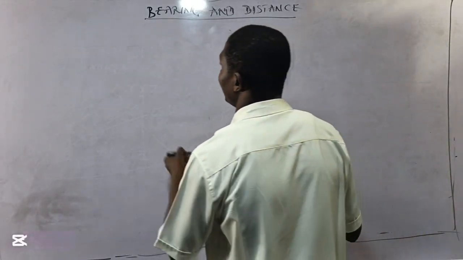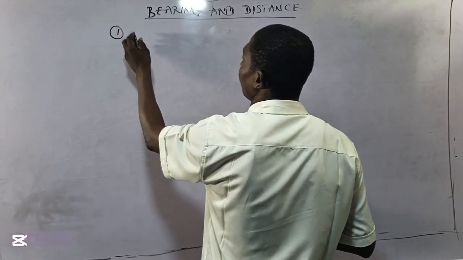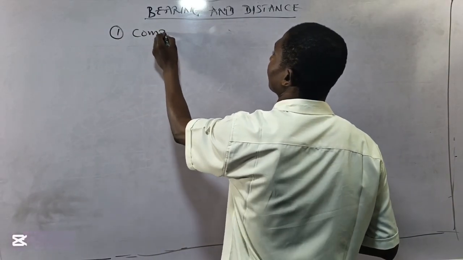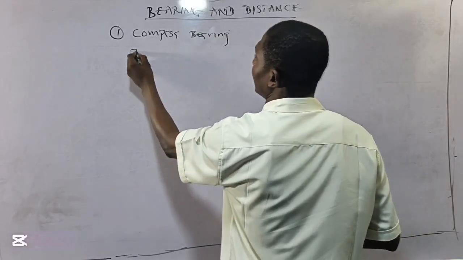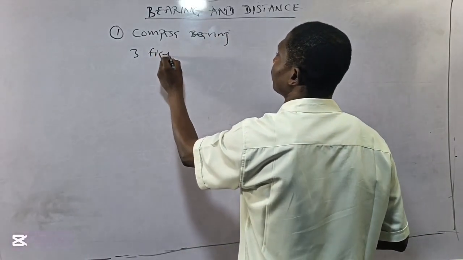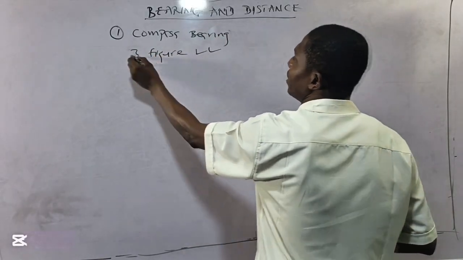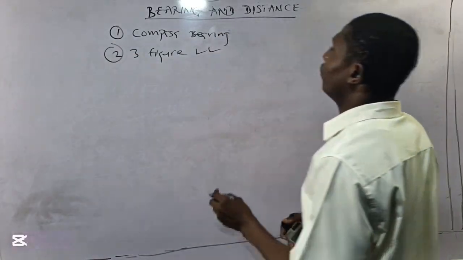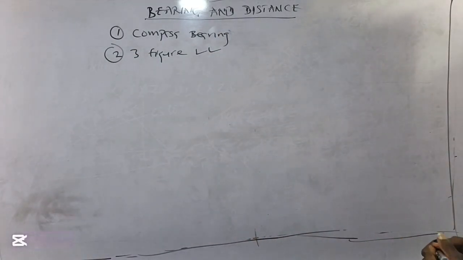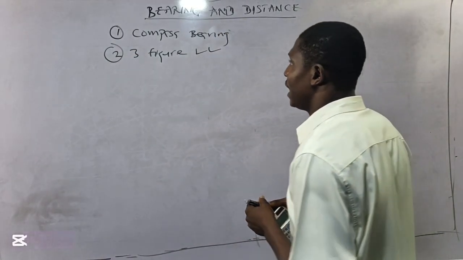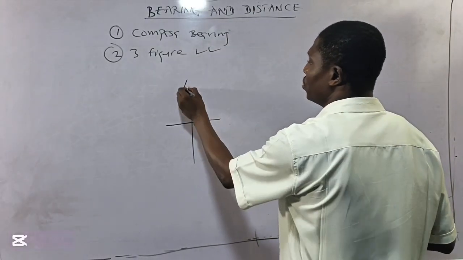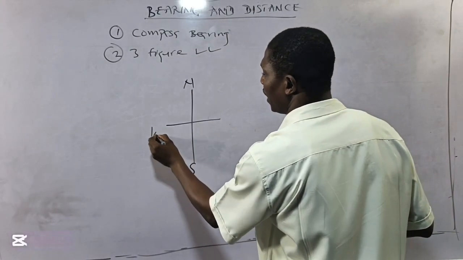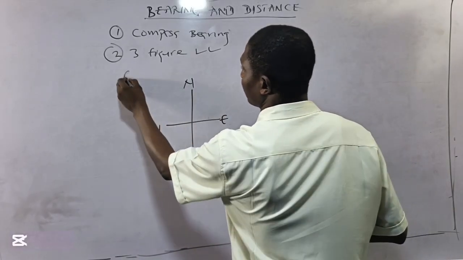We have the compass bearing and the three-figure bearing. For compass bearing, we generally make use of our cardinal points, and we have 4 major cardinal points, which are the north, south, west, and east.